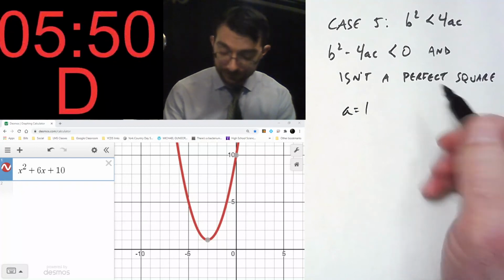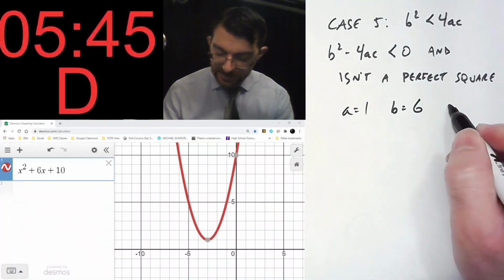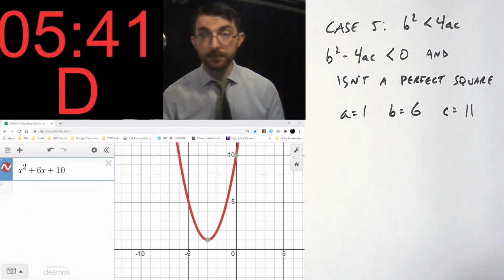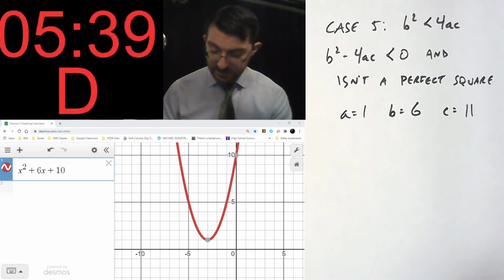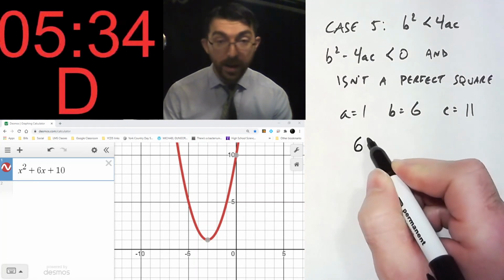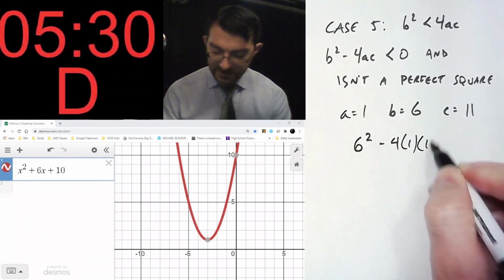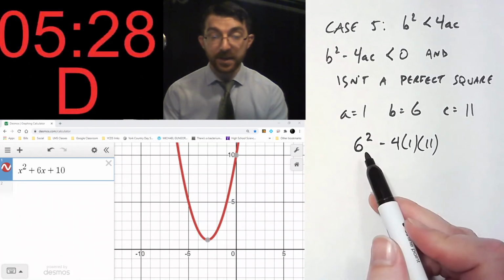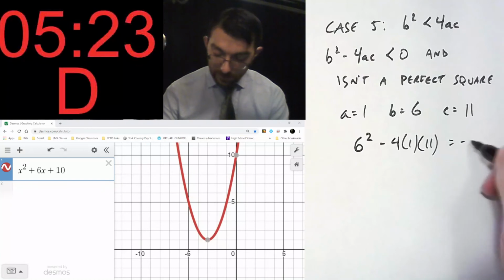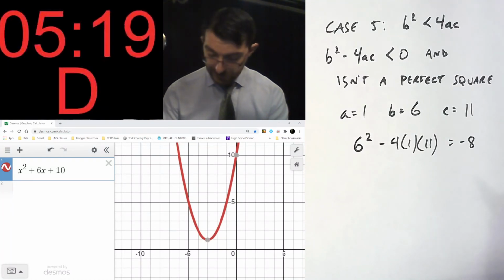If a is equal to 1, b is equal to 6, and let's let c equal 11 this time. That means that we'd be looking at b squared minus 4ac. That would be 36 minus 44, and that's negative 8, right?